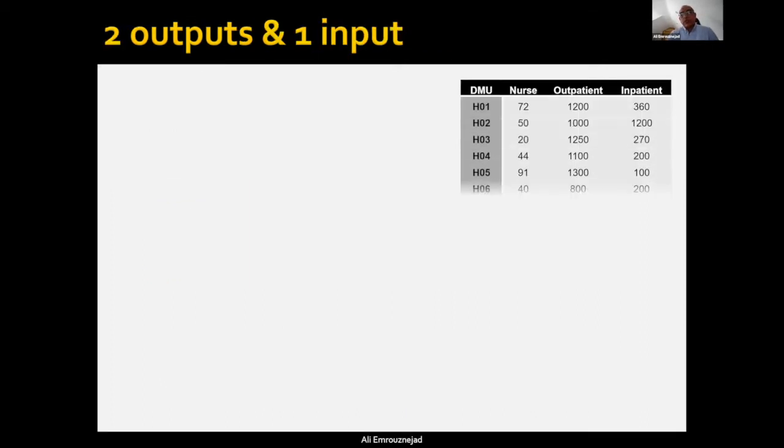I'll give you one very short example to get an idea of what DEA is. Consider these 6 decision-making units. These are 6 hospitals. We have 1 input, nurses, and 2 outputs, outpatient and inpatient.